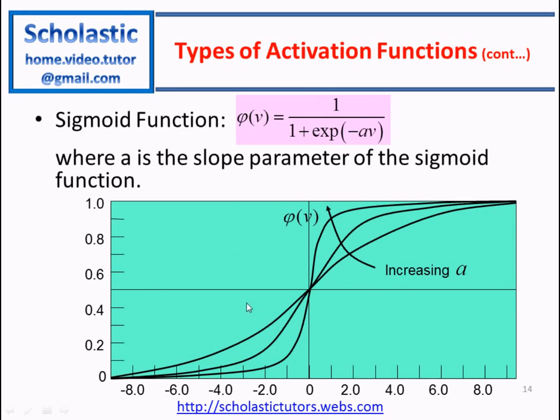And this is a bit more complex function, the sigmoid function, which can be represented by the exponential here. The shape of the function can be varied according to the value of a here. If we increase the value of a, it will come closer to a step function or Heaviside function. So it becomes a Heaviside function when you have a larger a.